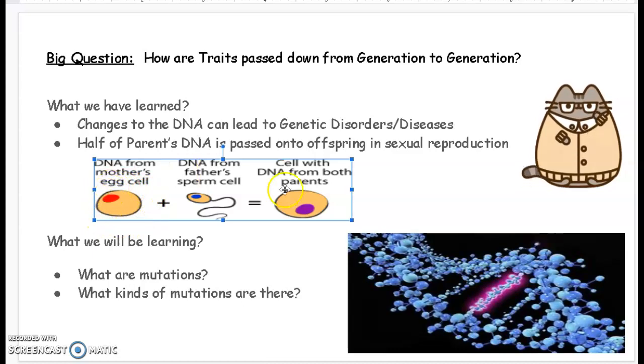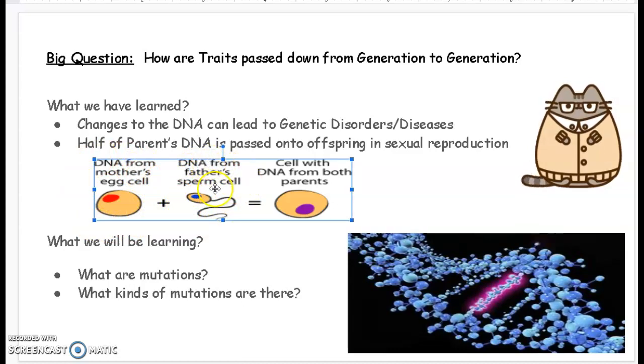And this will result in a zygote being formed. This zygote will begin to divide into the new organism. And furthermore, this picture also shows you how half the DNA of one organism comes from mom, half comes from dad.